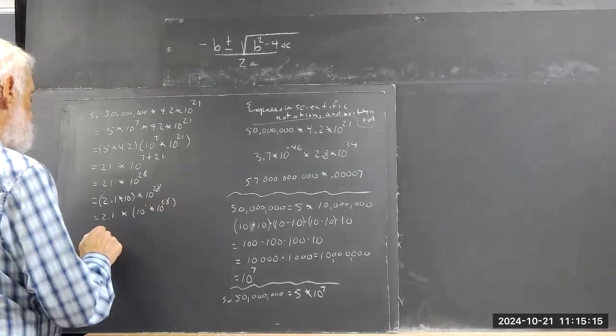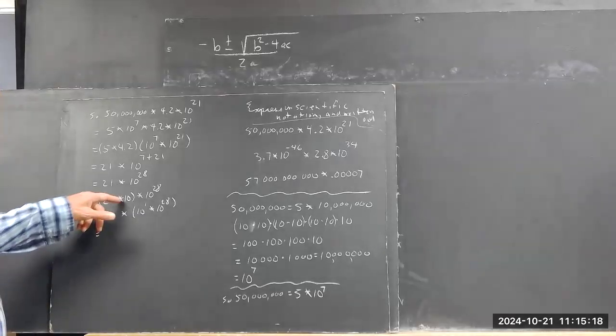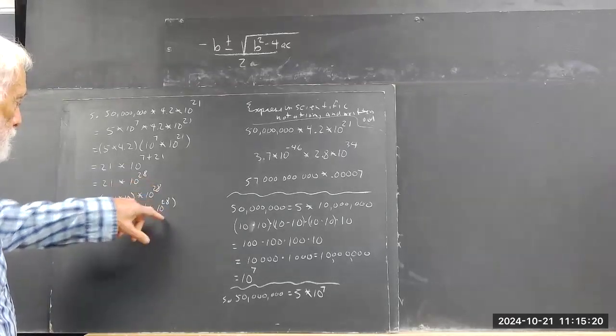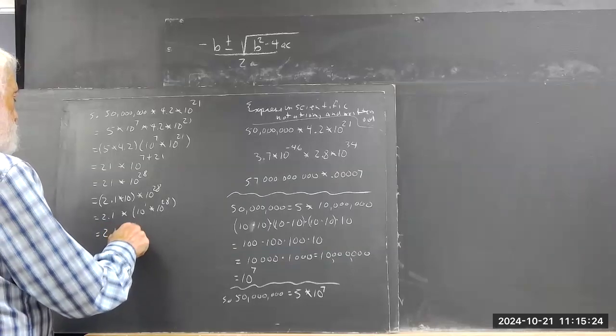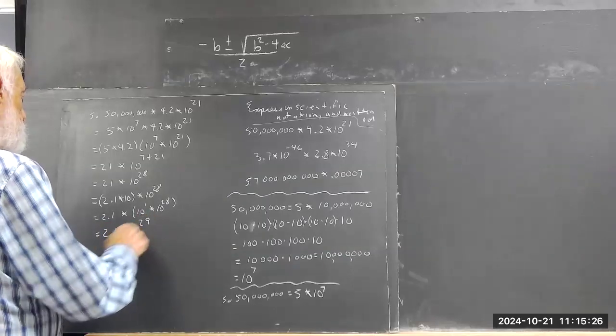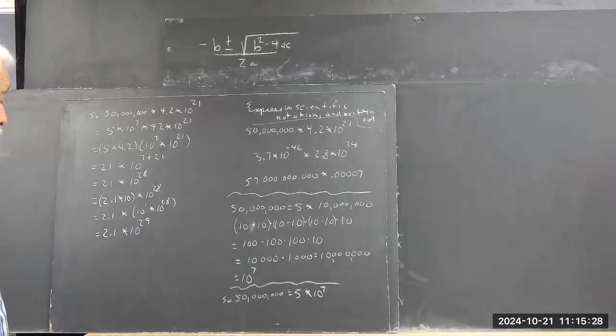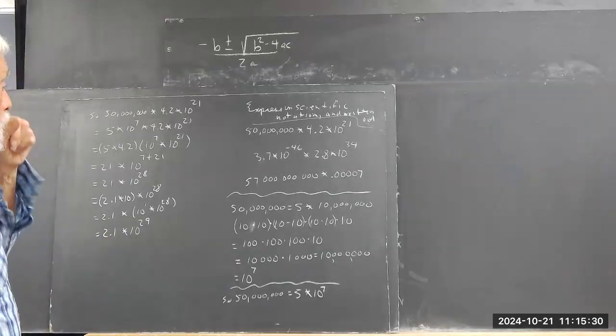Writing out the exponents explicitly, 10 is just 10 to the 1, and we have 10 to the 28th. And we end up with 2.1 times 10 to the 29th.